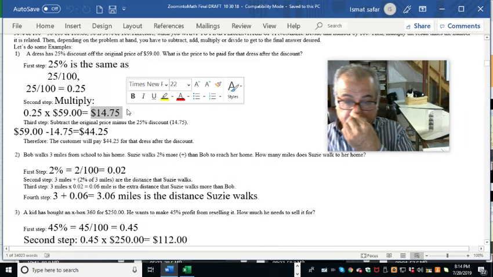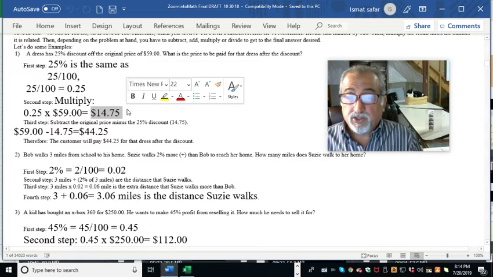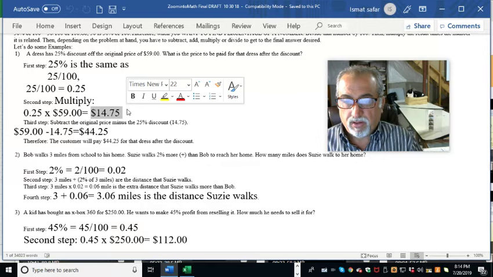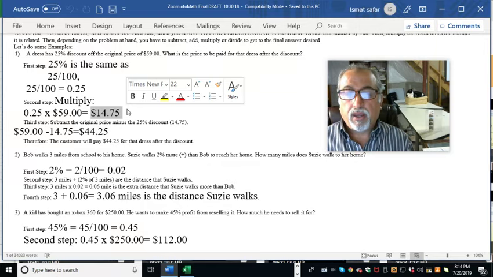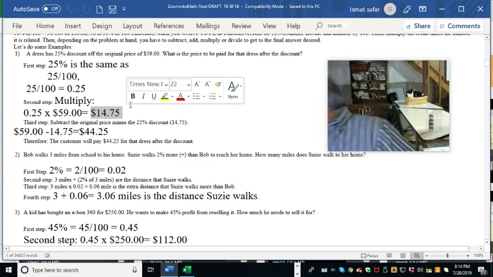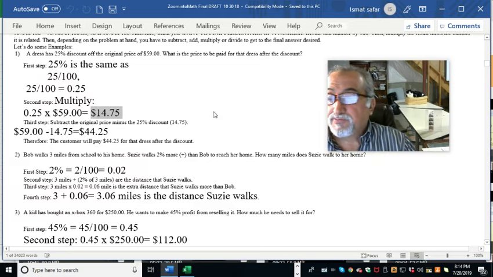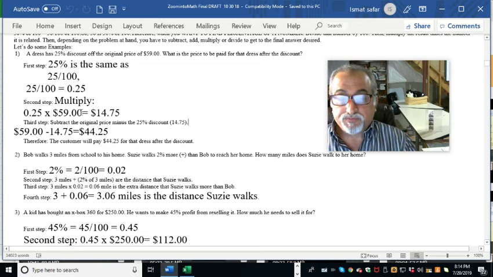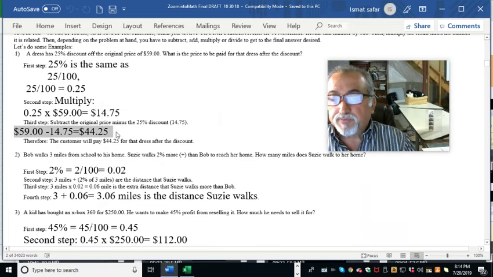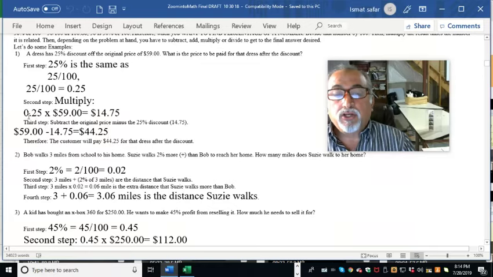$59 times 0.25 is $14.75. Excuse me. Now $59 minus $14.75 is your third step. So 0.25 is 25% of 59, which is $14.75.